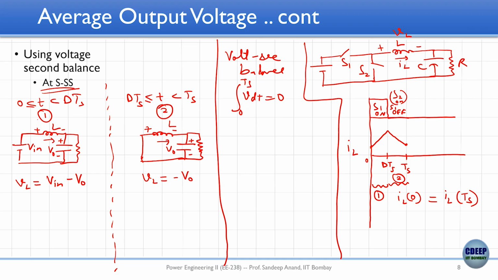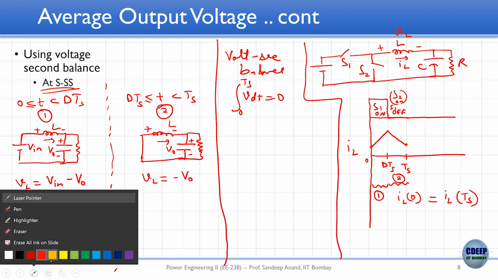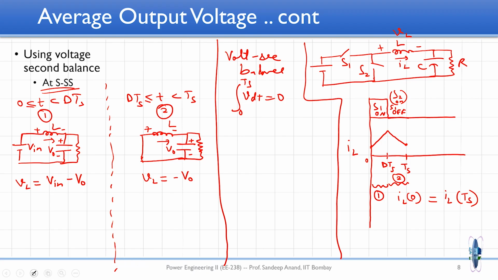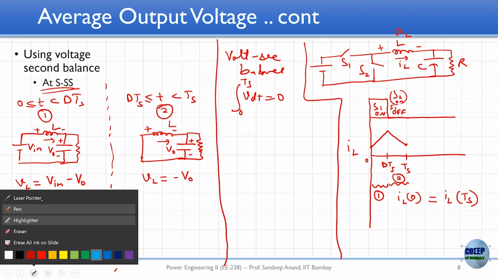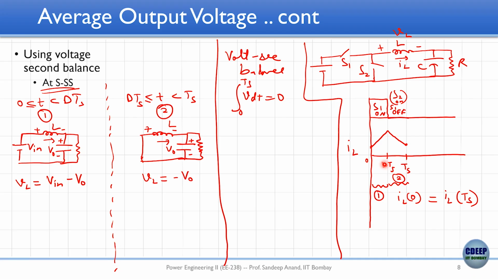I know from 0 to dTs in period 1, during this first phase period, you can see that the equation is VL is equal to Vin minus Vo. It remains same from 0 to dTs, and from dTs to Ts we have VL is equal to minus Vo. So, I am just going to substitute these two things in the integral.